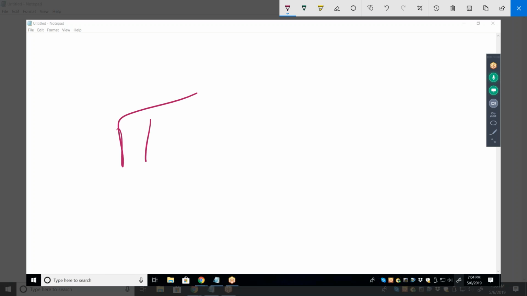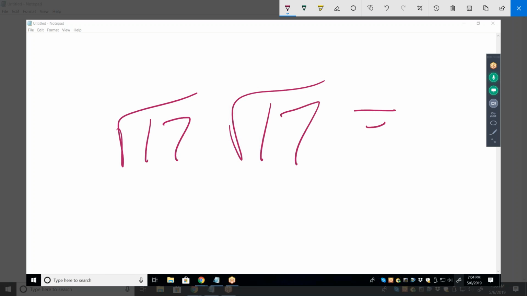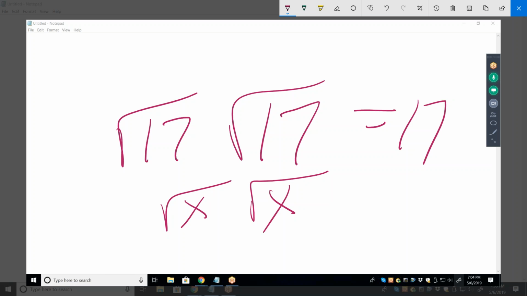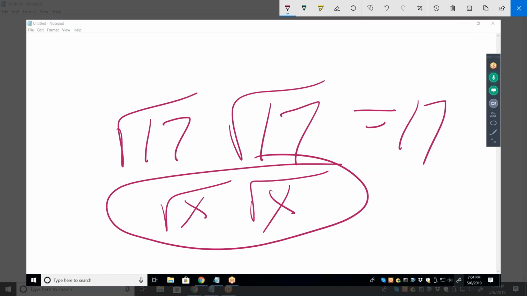What's this equal to? That would be equal to just root 17. Nope. Or that would be, so it'd be 17 times 17, right? No, it's equal to 17. Why did I say root 17? A lot of people do. When I do this, it does not matter what x is.